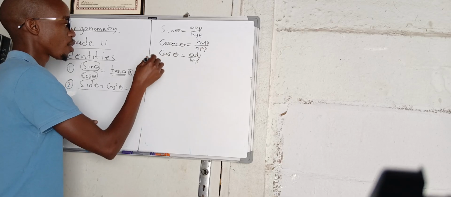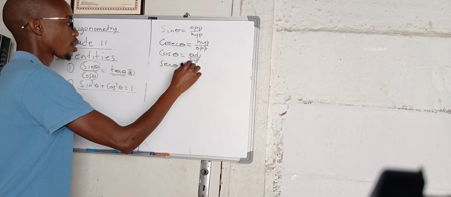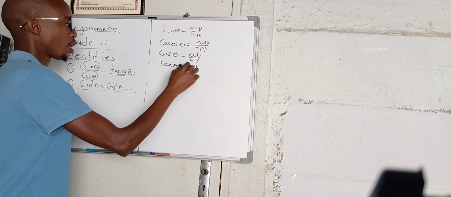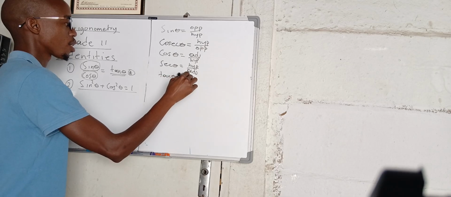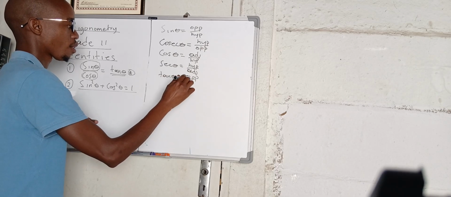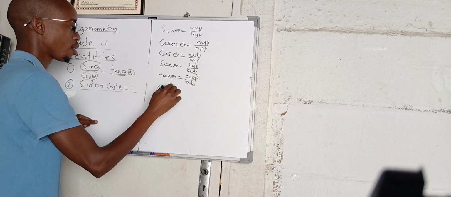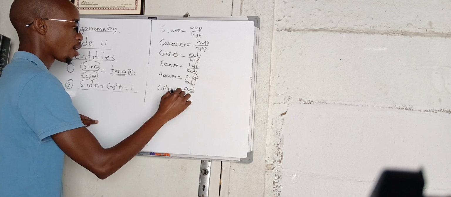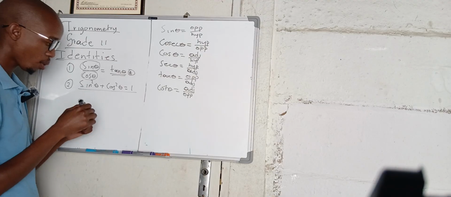The reciprocal of cos is going to be secant theta, which is hypotenuse all over adjacent. And then we have tangent theta, which is opposite over adjacent. And therefore cotangent theta is going to give us adjacent all over opposite. So that's the whole idea.